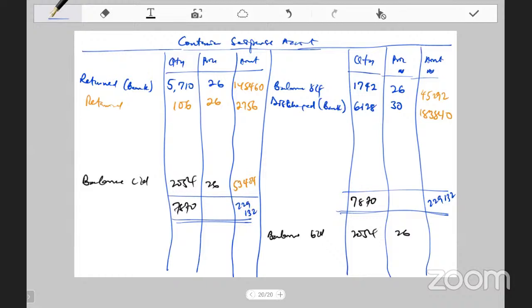229132 minus 148460. This is 148460 minus 2756 minus 53404.